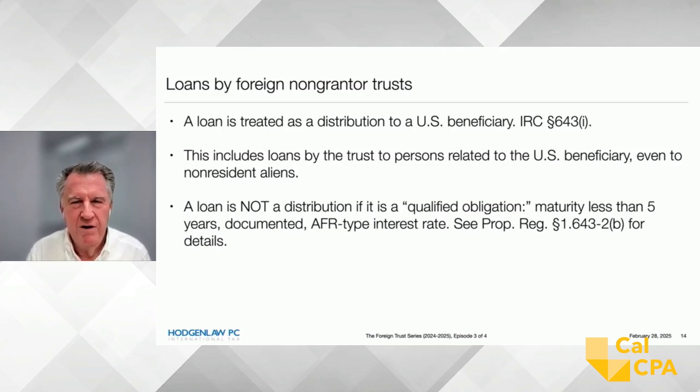It has to have AFR minimum level of interest stated, and then you're okay. And I give you the citation to the proposed regs for what a qualified obligation is. So bottom line, have your eagle eye out looking for loans from foreign non-grantor trusts, because these may be indirectly treated as a distribution to your U.S. beneficiary for whom you're preparing a tax return.